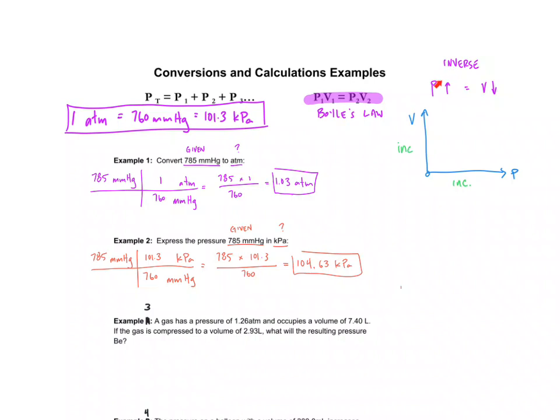So if pressure and volume are inversely related, then I need to see a graph where the pressure increases and the volume decreases at the same time. So if I move to the right along my x-axis and my pressure is increasing, then my y values have to decrease. So that looks something like this on a graph. This is an inverse relationship. This is a negative slope.